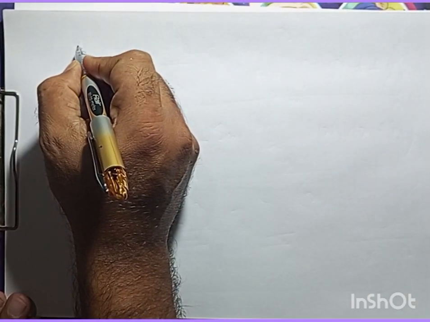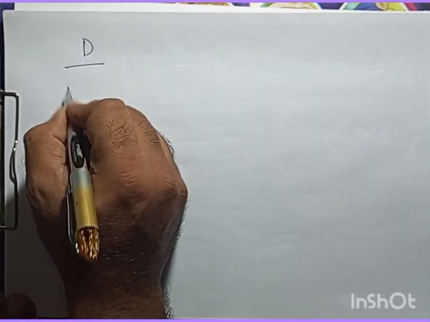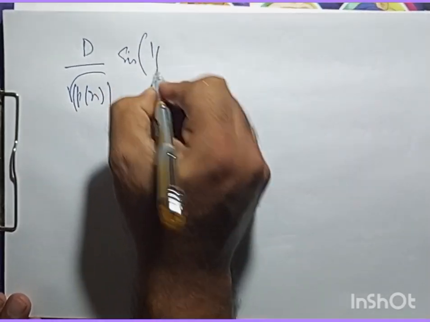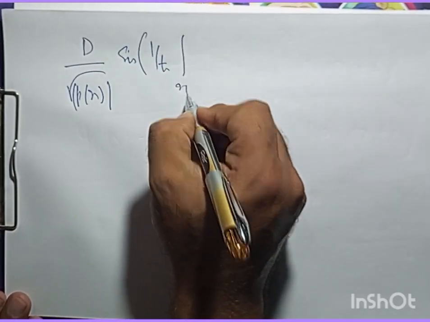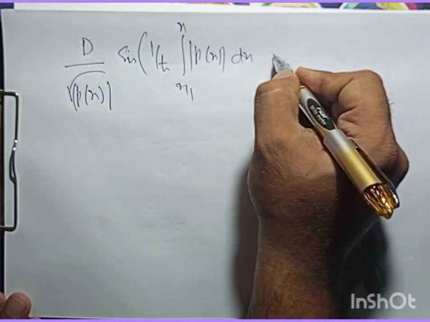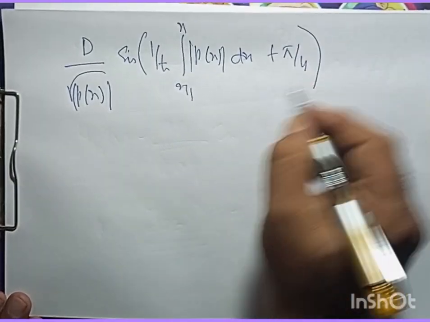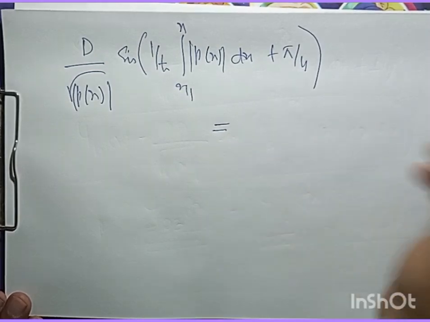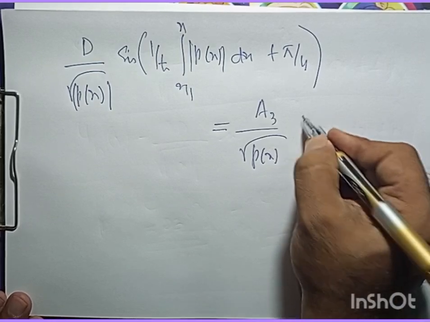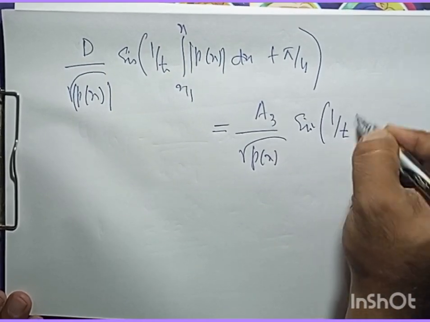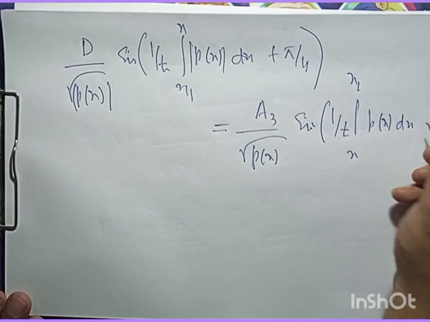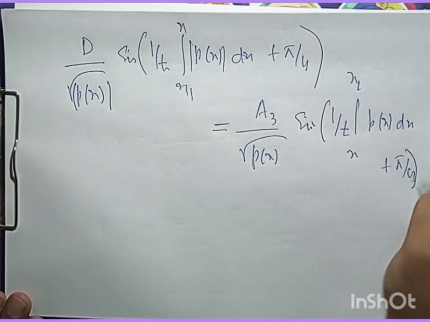That will be d by under root of p of x and sine of 1 by h bar integral x1 to x, p of x dx plus pi by 4 must be equal to a3 by under root of p of x, then sine of 1 by h bar integral x to x2, p of x dx plus pi by 4.